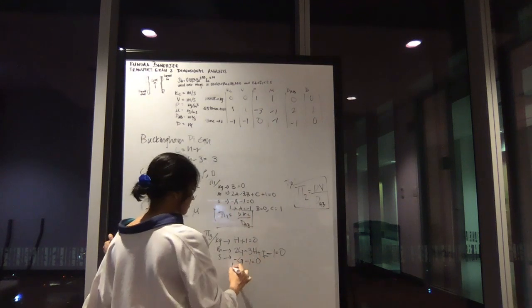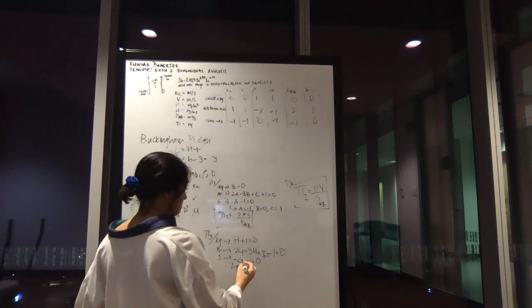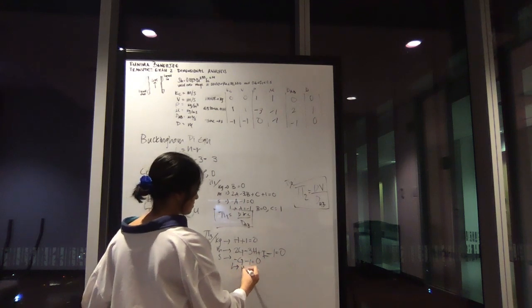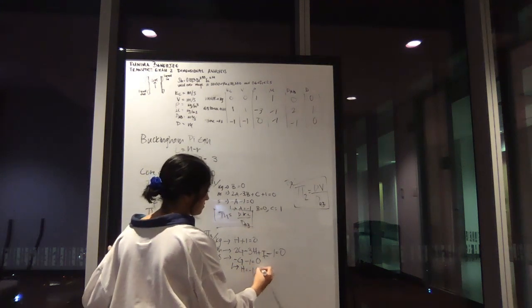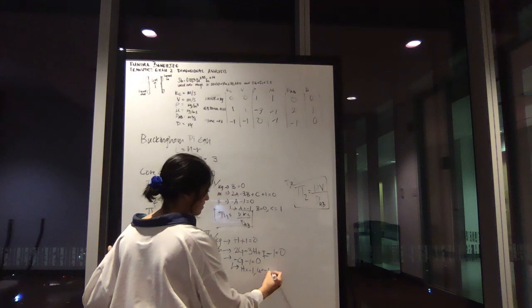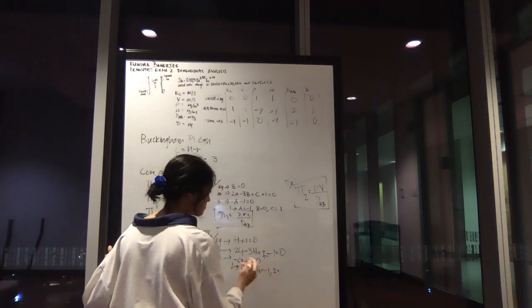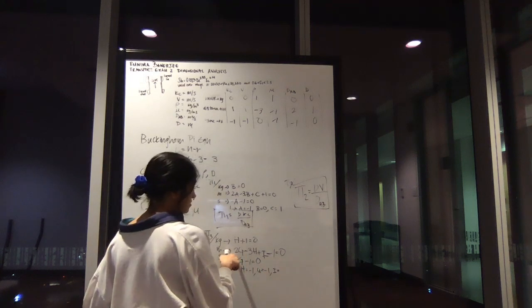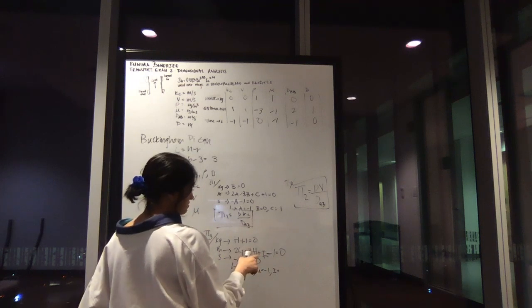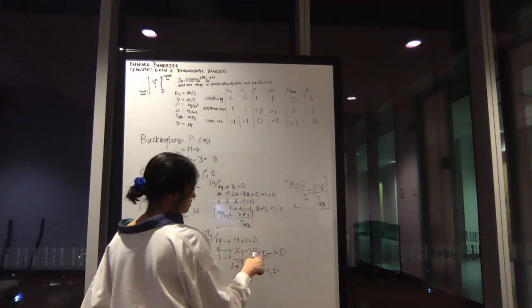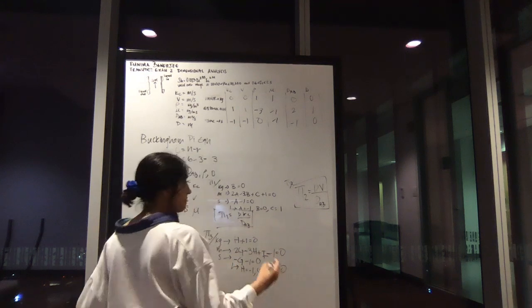And now let's solve for H, G, and I. So H is minus 1. G is equal to minus 1 again, and I is equal to minus 2 plus 3 minus 1, so I is equal to 0.